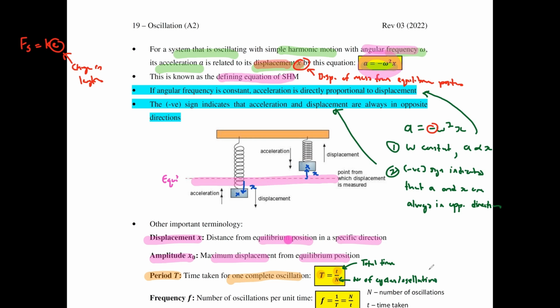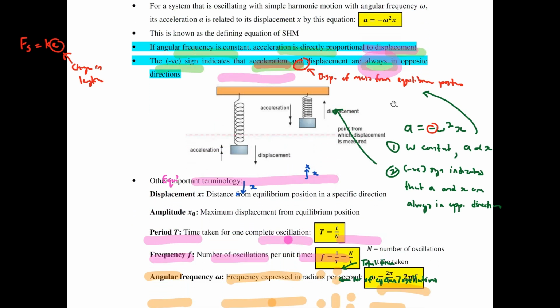They mean the same thing. Then frequency tells you the number of oscillations per unit time. It is the reciprocal of your period, so it will be n divided by t, which is number of oscillations divided by time taken.